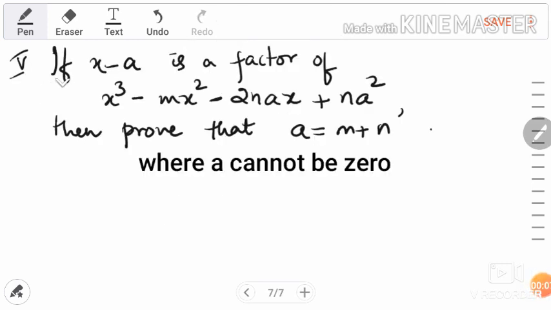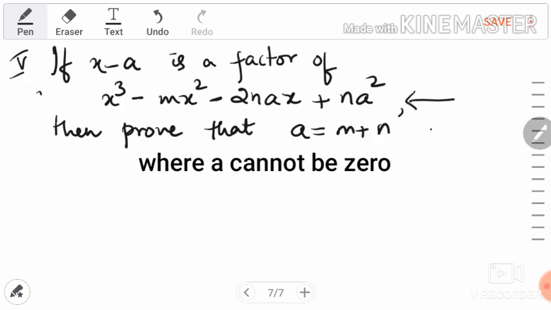Let us try this fifth problem. If x minus a is a factor of x cube minus mx square minus 2nax plus na square, then prove that a is equal to m plus n. Sounds complicated, but the method is same.